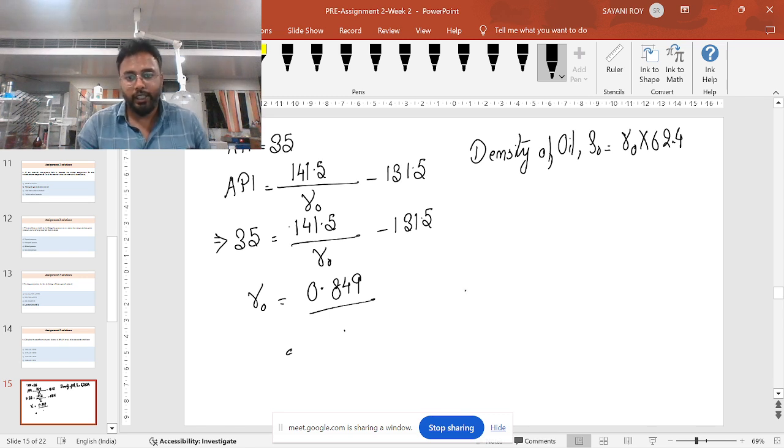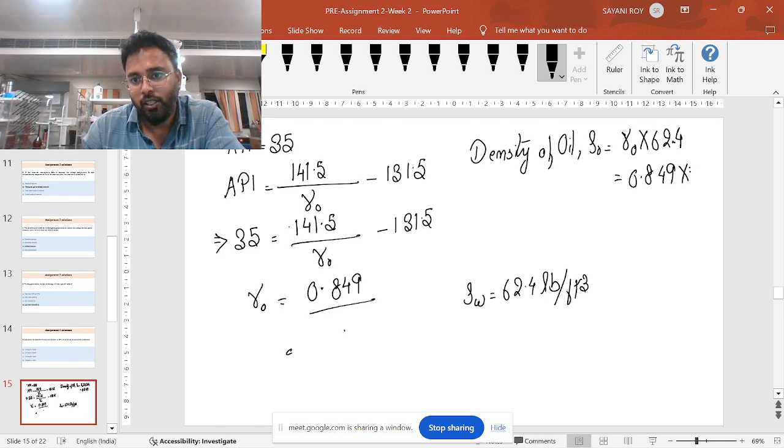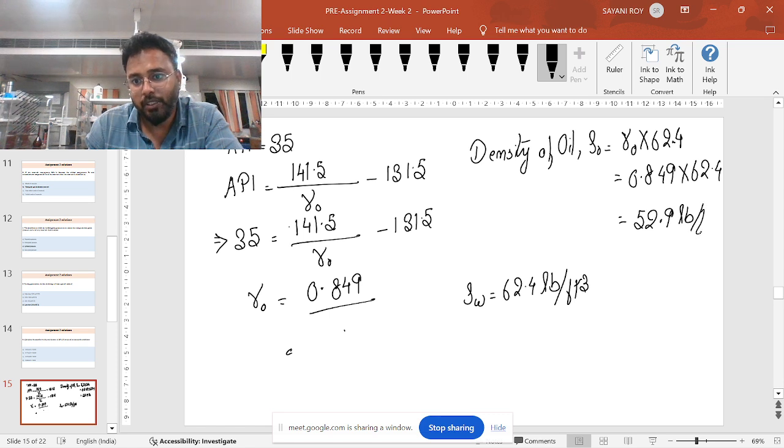It is the density of water in lb per feet cube. To find the density of oil, we just have to multiply the specific gravity of oil with the density of water at standard pressure and temperature. If we multiply these two, the answer should be 52.9 lb per feet cube.